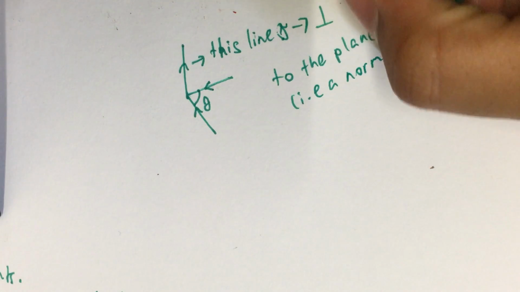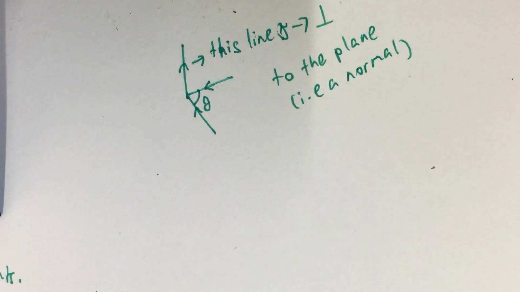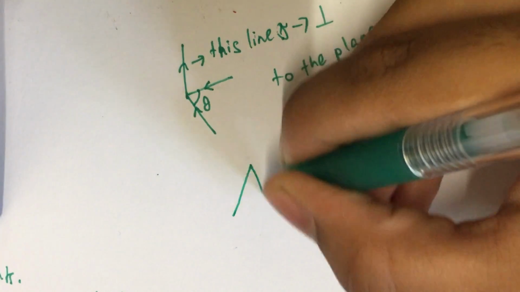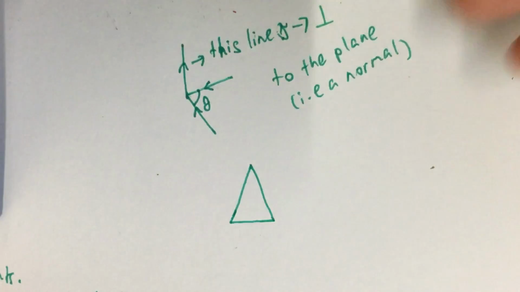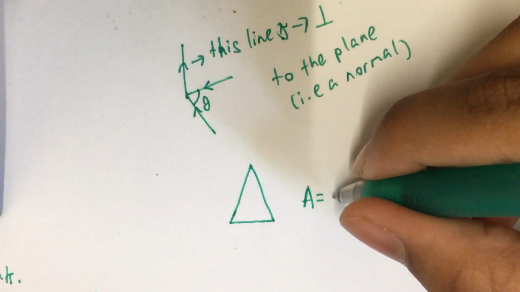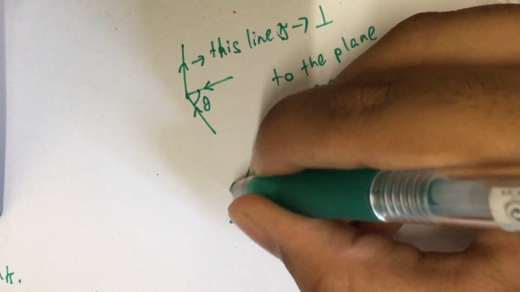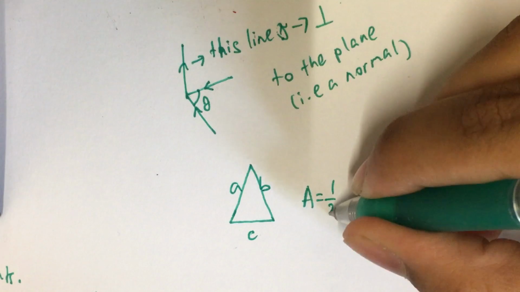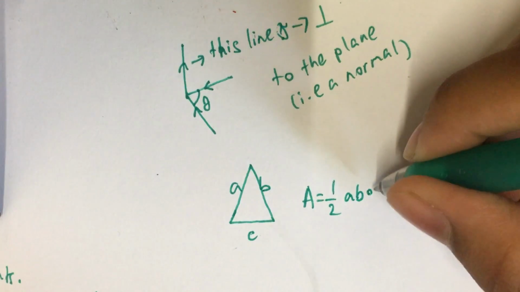And of course, we do know you can calculate the area of a triangle. Apart from half base times height, there's another formula: if you have a triangle with sides A, B, C, you can put the angle at C, and you can say half AB sine C. So which one has the sine?